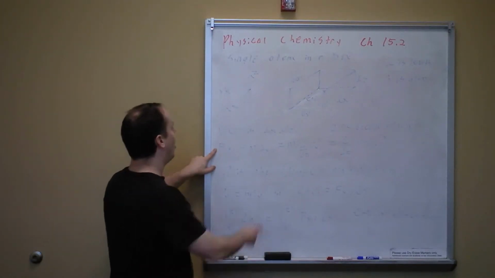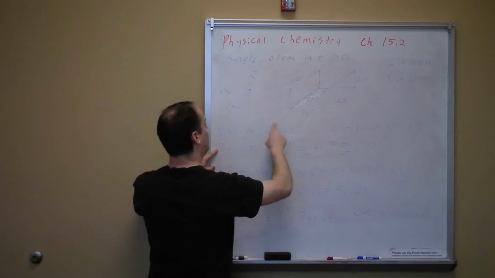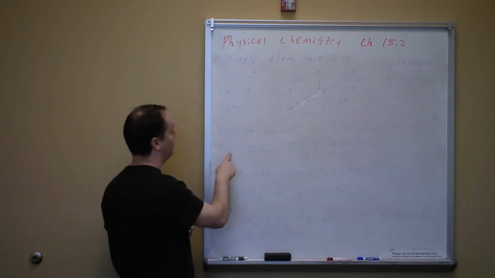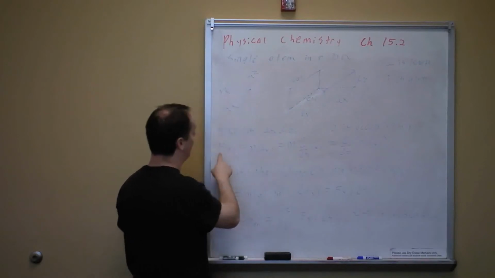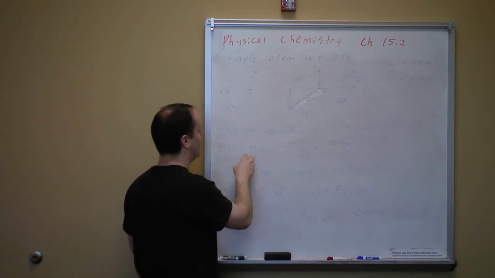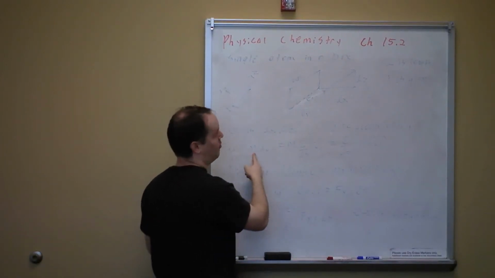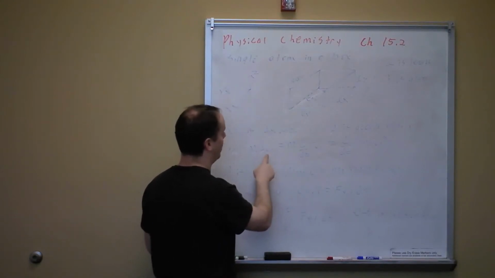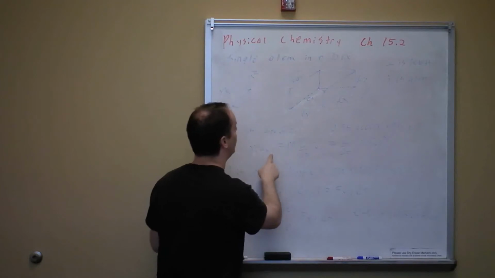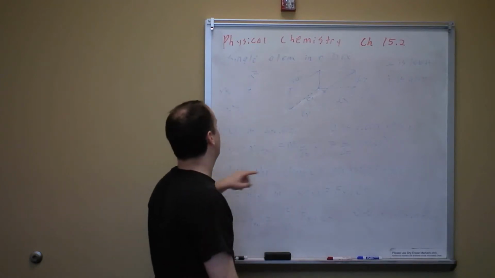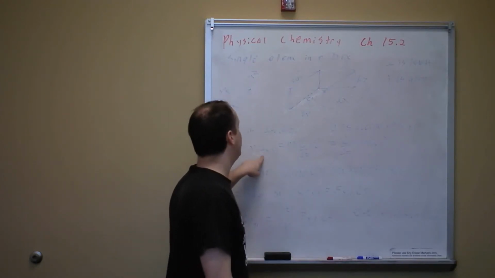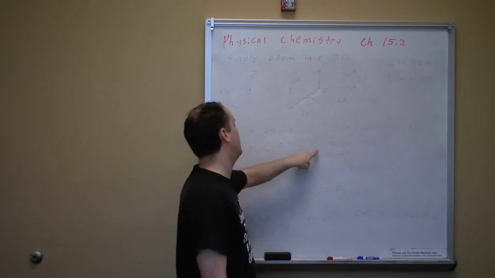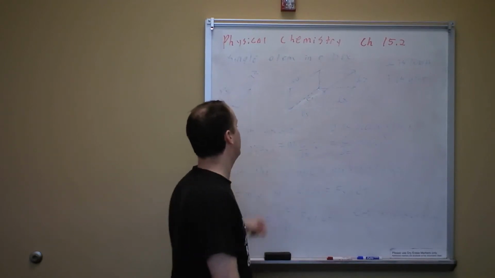So the force on this wall is in the y direction. The y component of force, because of particle i, is going to be equal to the mass of particle i times the y component of acceleration of that particle i. And remember, acceleration is the derivative of velocity with respect to time.